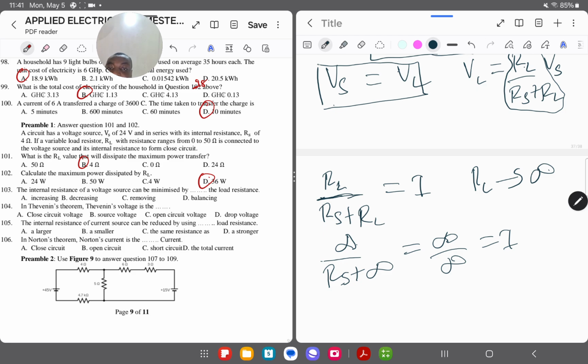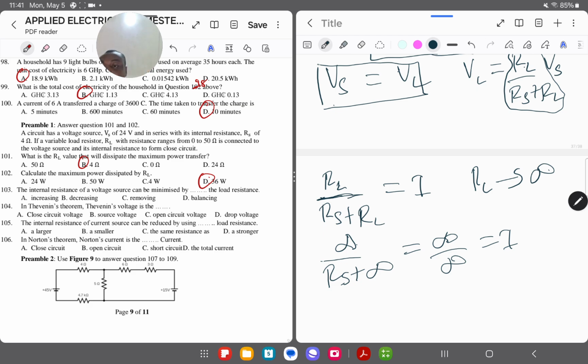So that means that if I want to minimize the internal resistance of a voltage source, you can do it by selecting a very large load resistance. So meaning you can have here A, increasing the load resistance, B, decreasing the load resistance, C, removing the load resistance, and then D, balancing the load.